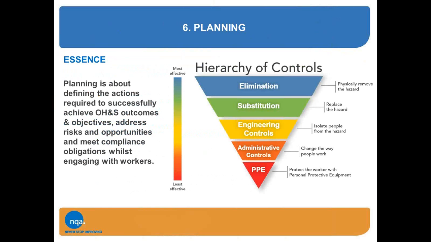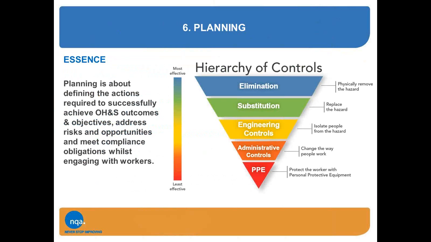In essence, planning is about defining the actions required to successfully achieve the occupational health and safety system outcomes and objectives, to address the risks and opportunities and meet the compliance obligations whilst engaging with workers to identify the best way forward, or the most appropriate way forward given that circumstance within the organisation at that time.